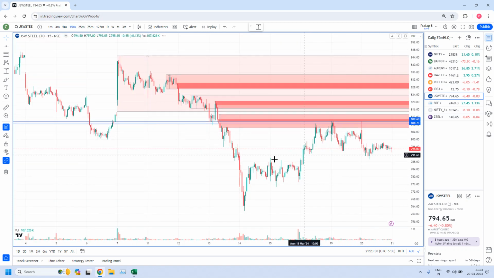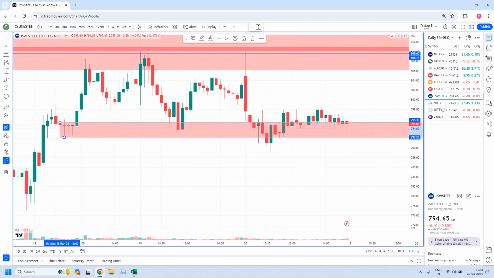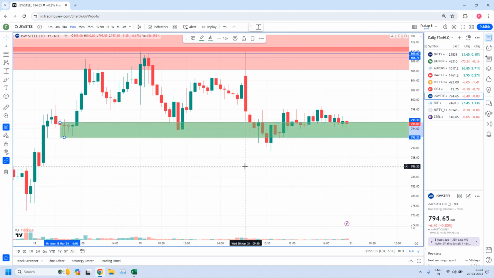It would have reached the 15 minutes target today. So where is the 15 minutes target here? Somewhere here. Yesterday also it reached the target. See, this is yesterday's trade and this is today's trade.